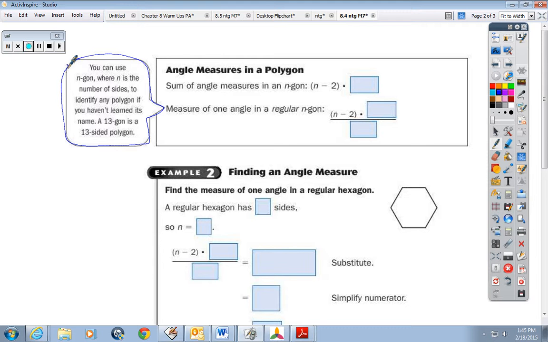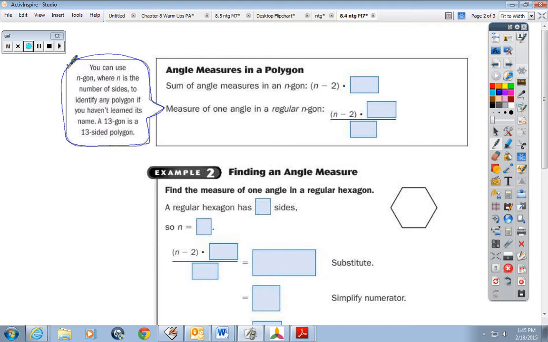Does that make sense? So we've got triangle, which is 3 sides, quadrilateral, which is 4, and then beyond that we have 5, 6, 7, and 8. But if we want to name one that has more than that, here's how we do it.